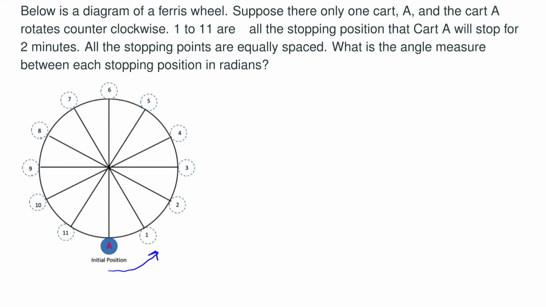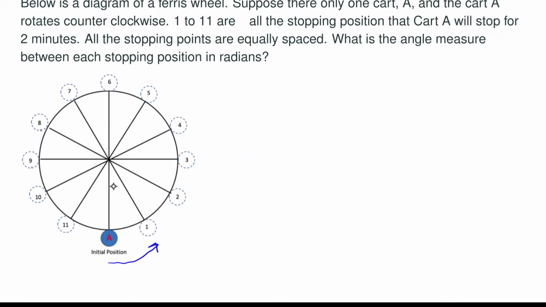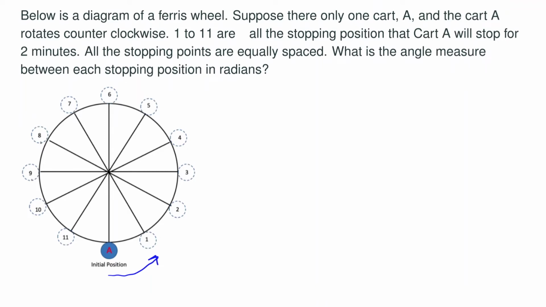So the question is asking about the angle, since they are equally spaced. So this angle, all these are the same, equally spaced. Or we can also think of it as the same arc length, all these are the same arc length right here. So what is the angle measure between each stopping point? So let's see. First, how many spaces are there?